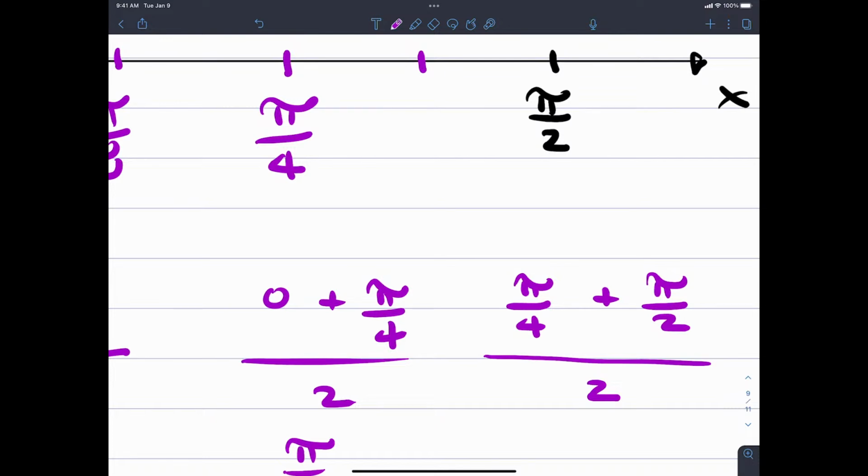So do you guys remember again? How do you actually add these things? You don't have the same denominator, is that right?